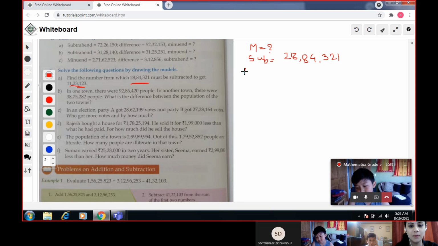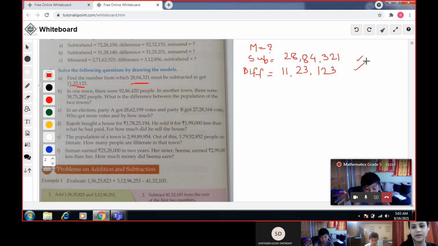And now the difference is also given. The difference is 11,23,123. So subtrahend is given here, difference is given here, and we have to find the minuend.